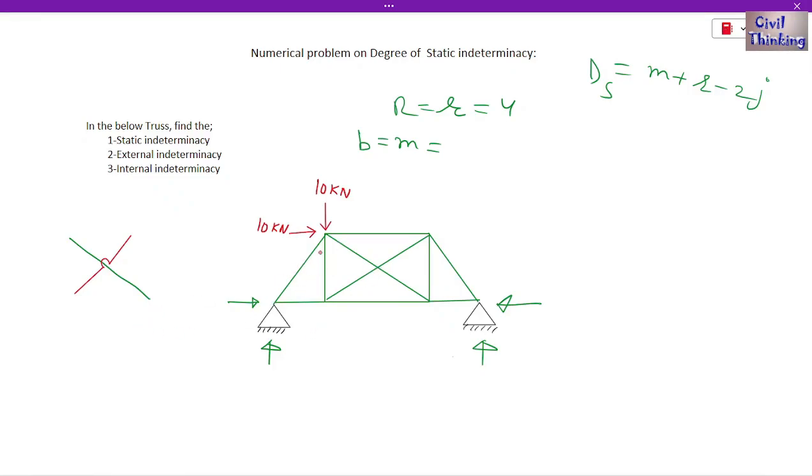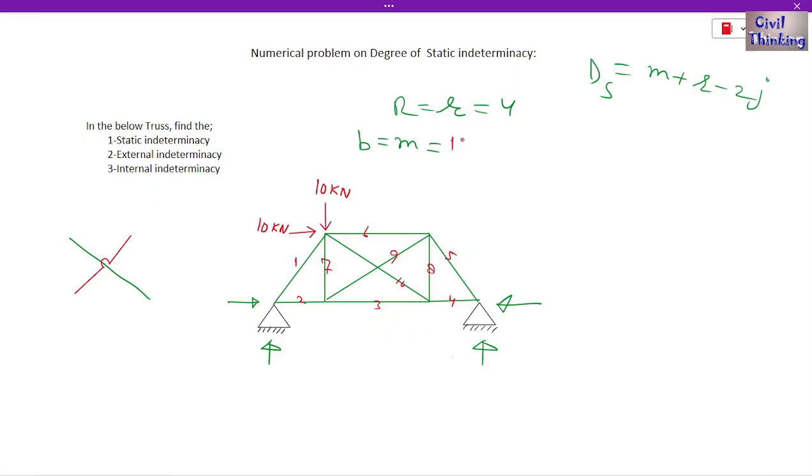Now let us calculate the number of members. M, this is 1 2 3 4 5 6 7 8 9 10, right? Let me count it again, 1 2 3 4 5 6 7 and 8, 9, and we have 10.